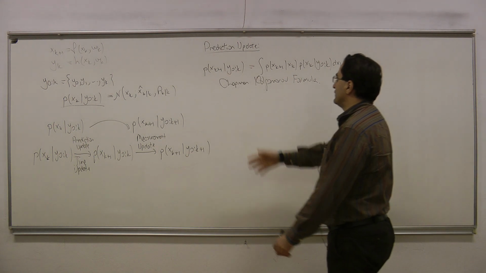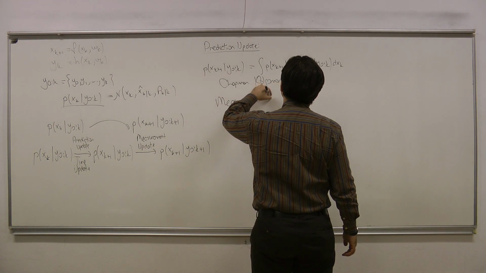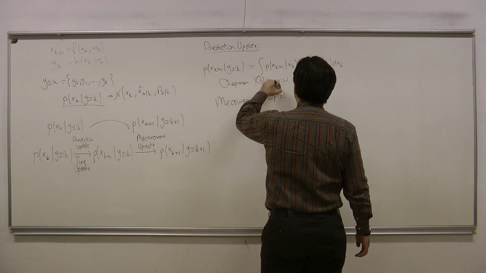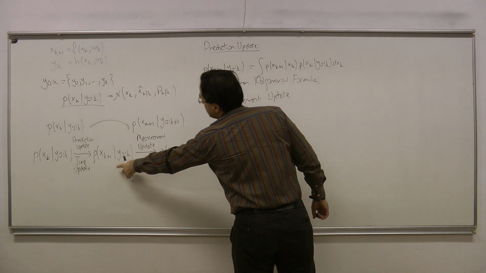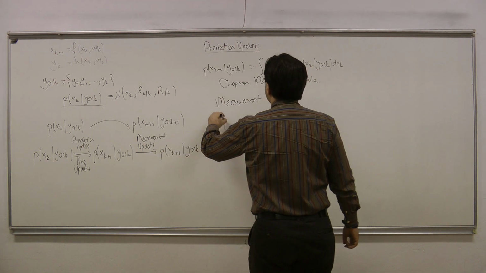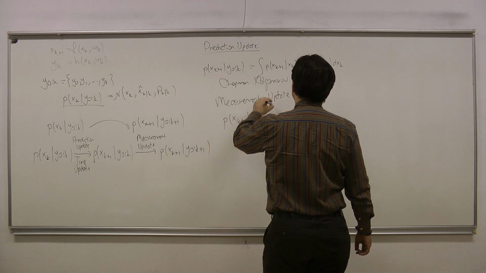And in the second part, we have something called the measurement update. In that case, I need to write this distribution in terms of this one. So it is not difficult once you know some probability theory.